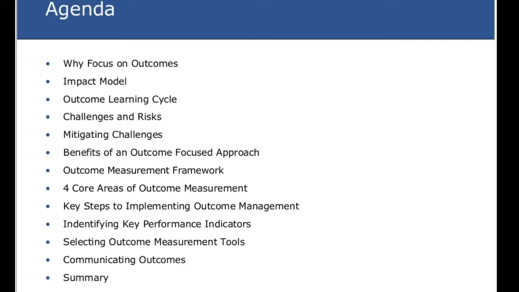We'll go over why outcome measurement has become such a focus within our environment, a model for an impact-driven organization, the outcome learning cycle, the challenges and risks and how to mitigate them, the benefits of an outcome-focused approach, the measurement framework, core areas for outcome measurement, steps for implementing an outcome measurement system, and identifying key performance indicators and selecting outcome measurement tools, which are important components of the key steps that I thought we'd draw out and focus on a little bit.